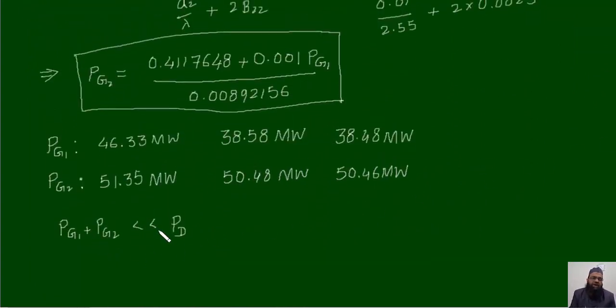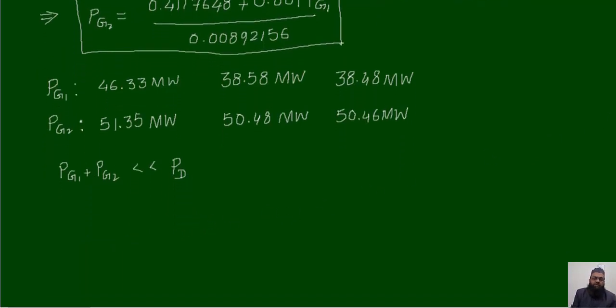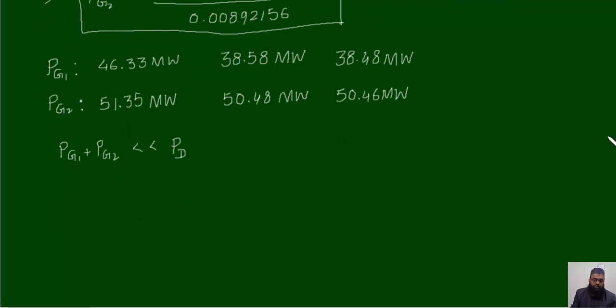Since these two generations are very less than PD, we will increment more. So let us take now lambda is equal to 3.75. Let us assume that.